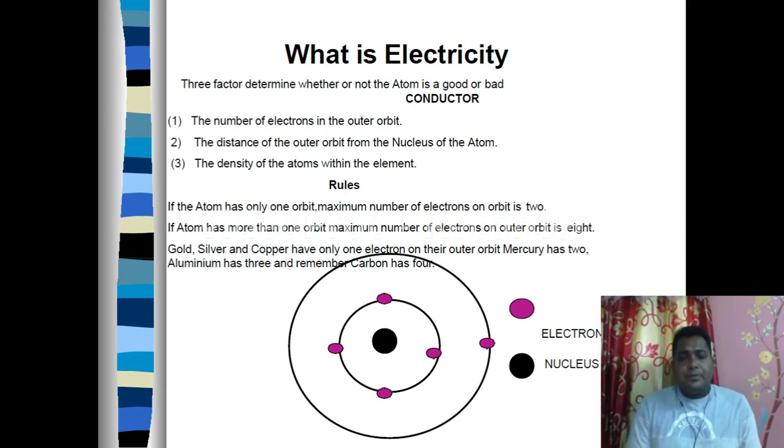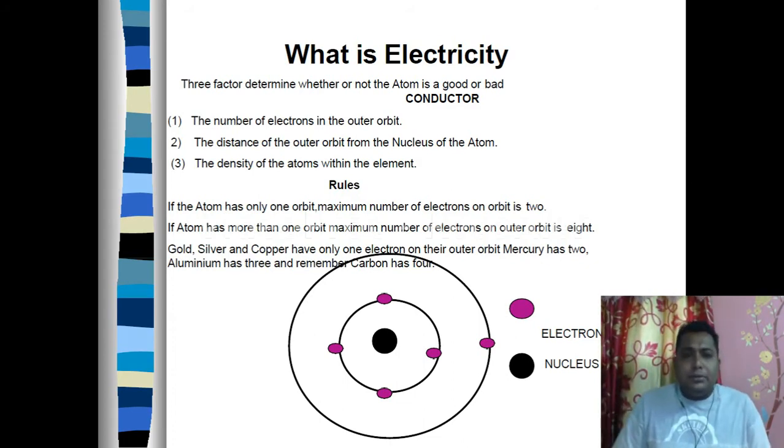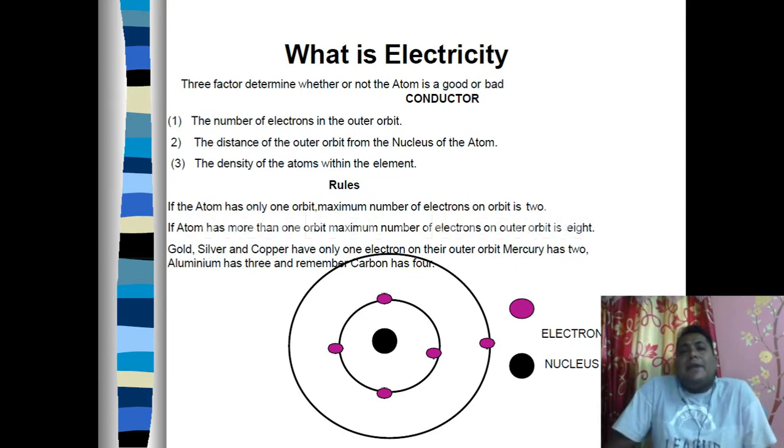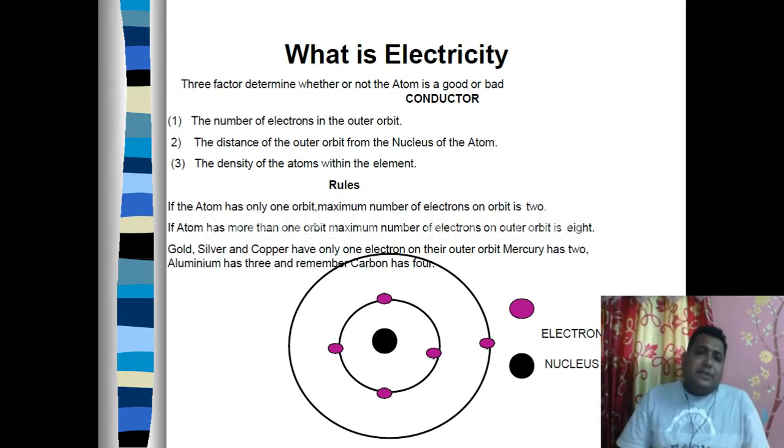Point number 3: the density of the atoms within the element. Say in an element the number of atoms is very small. If the number of atoms is very small, then the number of electrons is definitely less, so the conductivity of that material decreases.